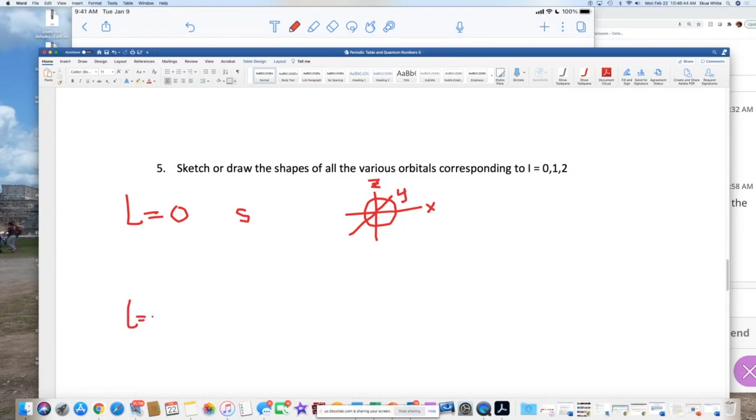When L is equal to 1, remember, we have 3 M sub L's. So that means you're going to have P, right? You're going to have PX, PY, and PZ. So you have to draw all these P's, right? Remember, this is M sub L equal -1, M sub L equal 0, M sub L equal +1.